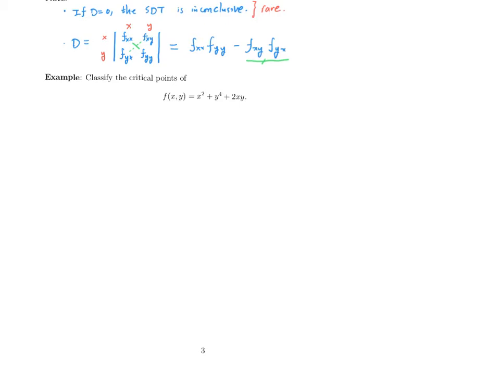So in order to find the critical points, we need to know the partial derivatives with respect to x and y, and then determine where they are simultaneously equal to 0. If you calculate the partial with respect to x, we would have 2x plus 2y, and the partial with respect to y is 4y cubed plus 2x. And we want to know where these will simultaneously be equal to 0.